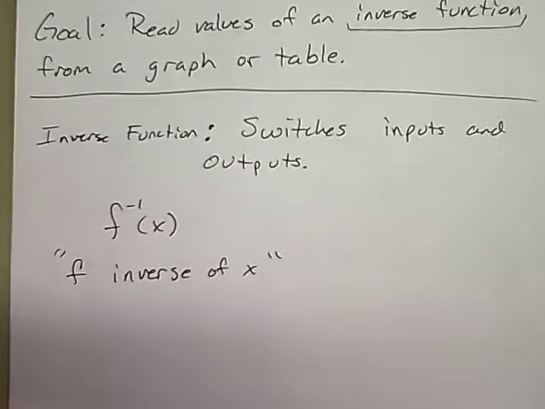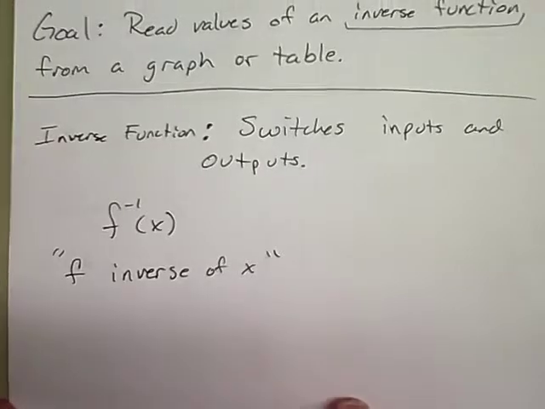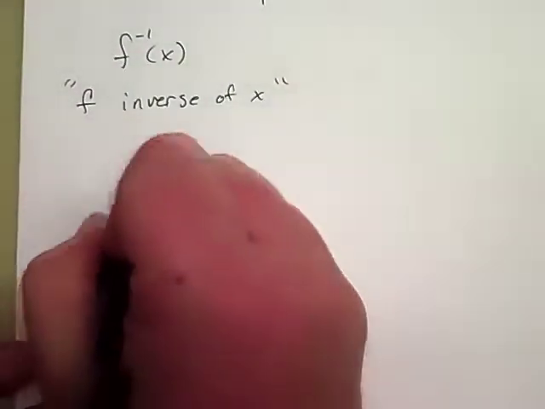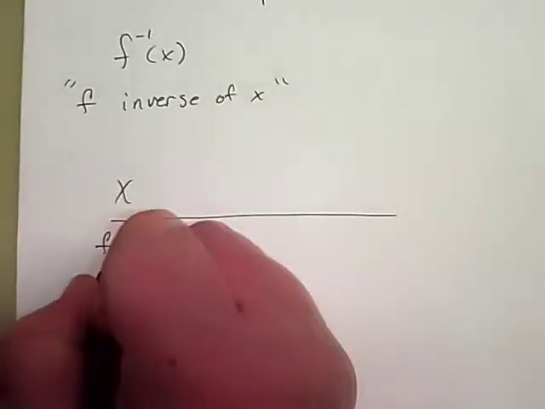So let's take a look. If I had a random chart of values, so let's see, we have an x and an f of x.